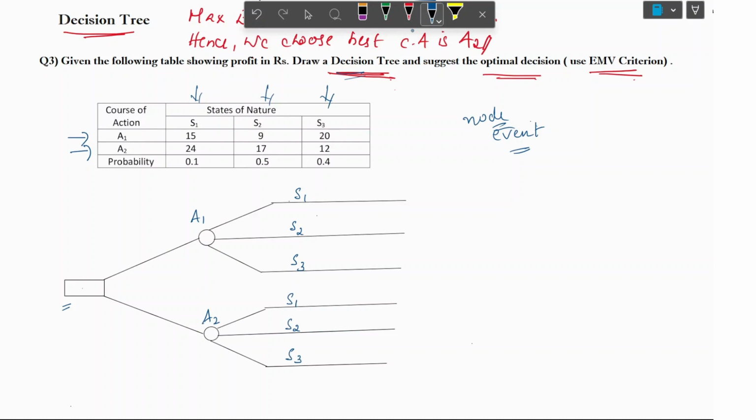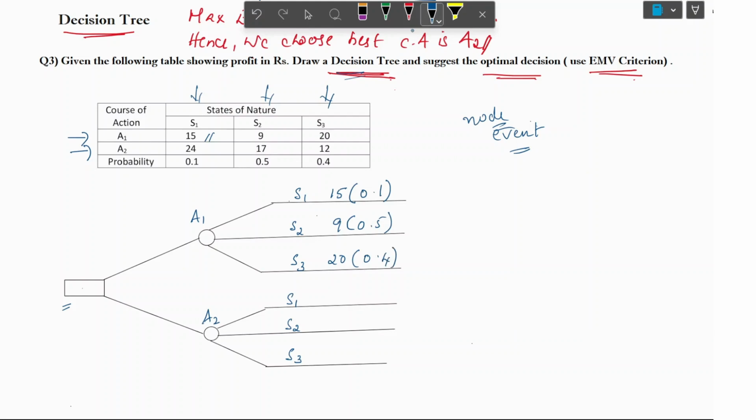After writing these, what are you going to do? You are going to write the payoff values and the corresponding probability. For A1, what is S1? That is 15. I'm going to write 15 here, and in brackets I'm writing the probability. For the next, S2, that is 9, I'm writing the probability 0.5. Next, 20, with the probability 0.4.